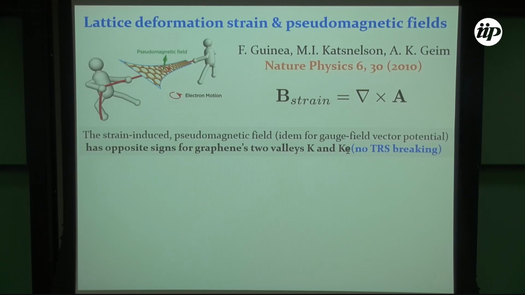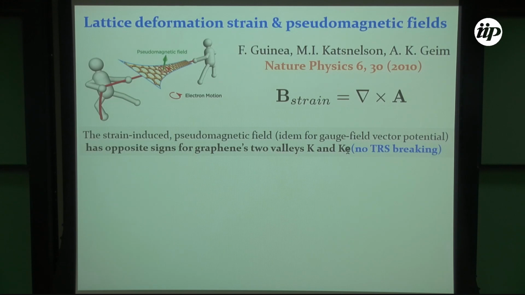How can we unveil this in experiments? So this is related to the possibility to, with strain, create this pseudomagnetic field. Okay, so that was introduced by Paco Guinea, Katsnelson, and Geim.